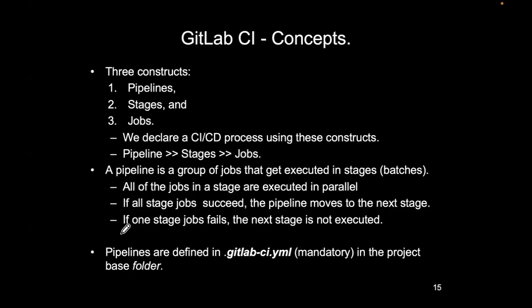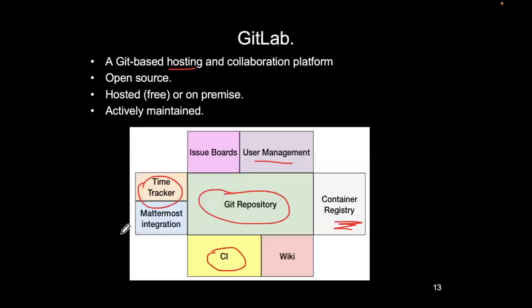So to get into the mechanics of GitLab CI, let's go back now to here. Clearly, I don't need to talk about this because we're all very familiar with GitHub, and the GitLab repository is really the exact same.